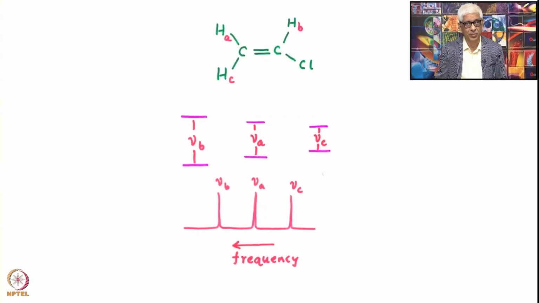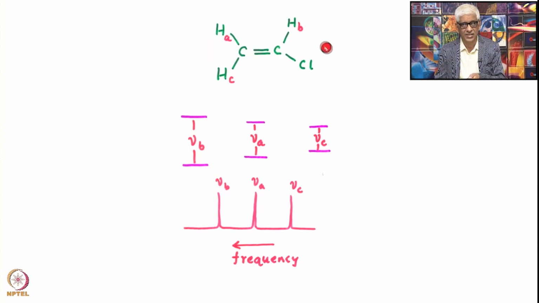We take this example, vinyl chloride. Vinyl chloride has 3 protons, let us label them Ha, Hb and Hc, with a double bond here.